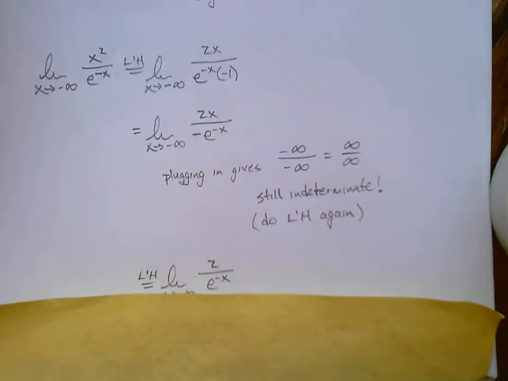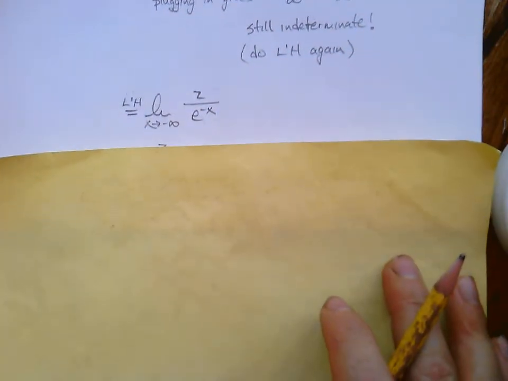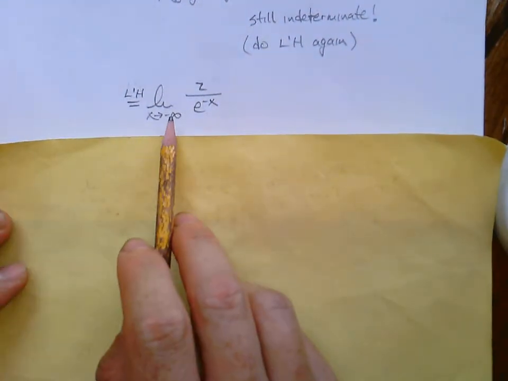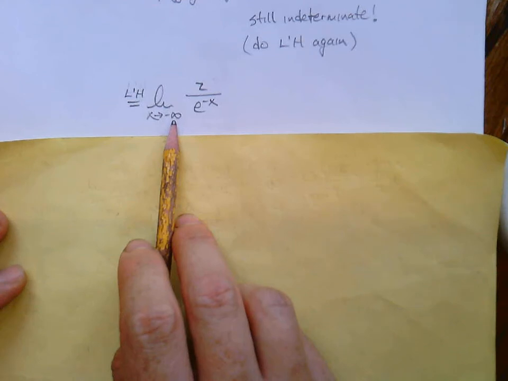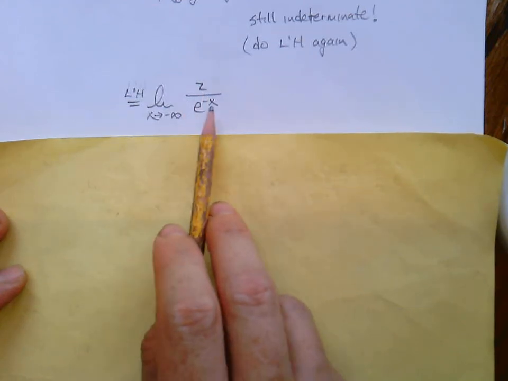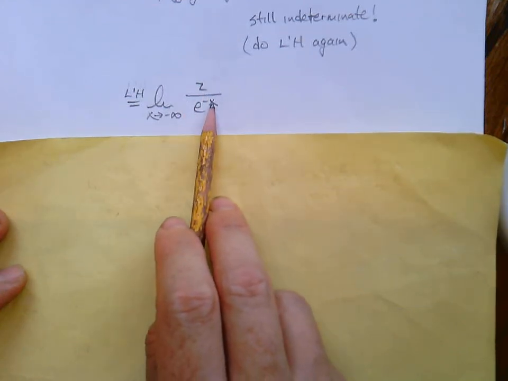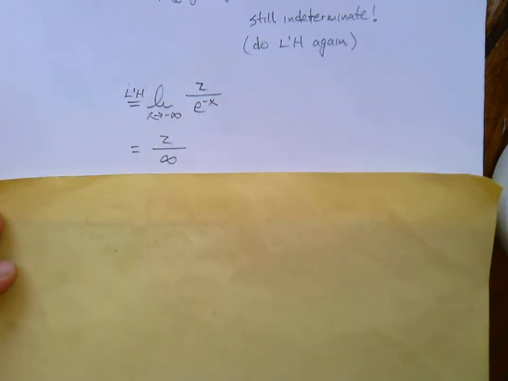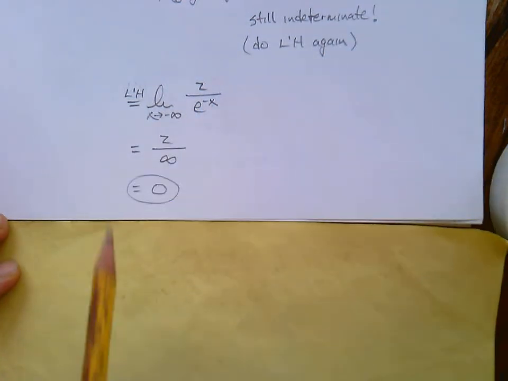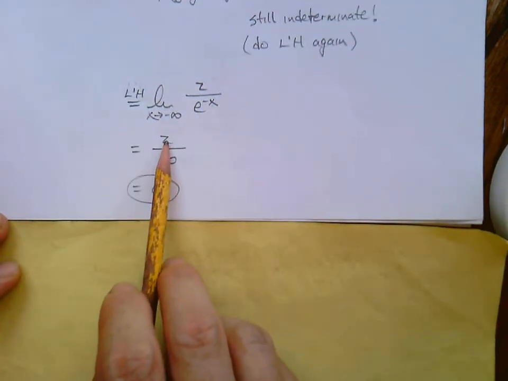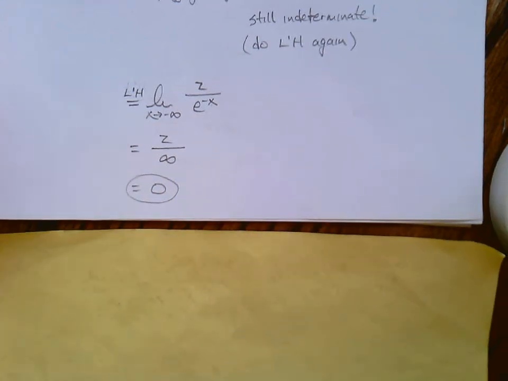And now, plugging in negative infinity one more time, we'll still have the 2. This will go to positive infinity, so e to the positive infinity is infinity. And as our denominator increases, the whole thing heads towards 0.